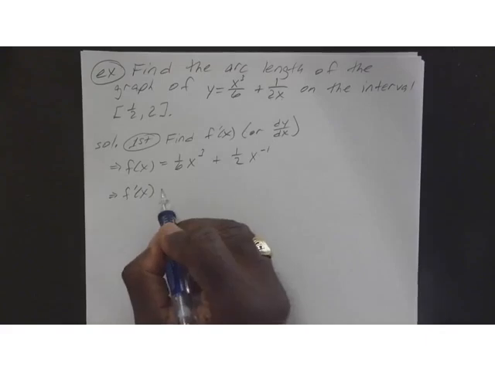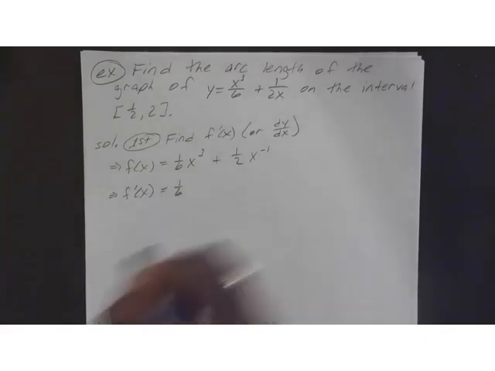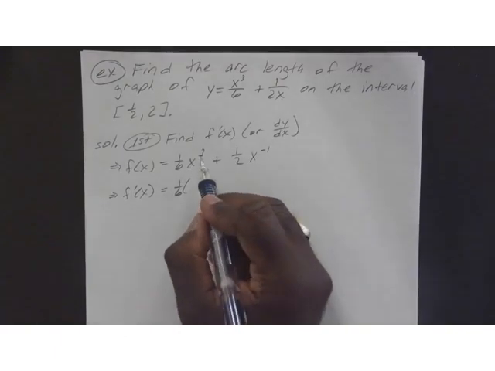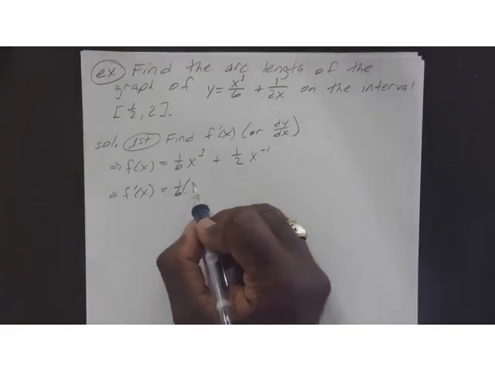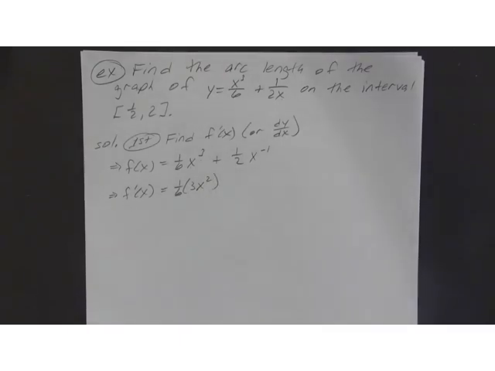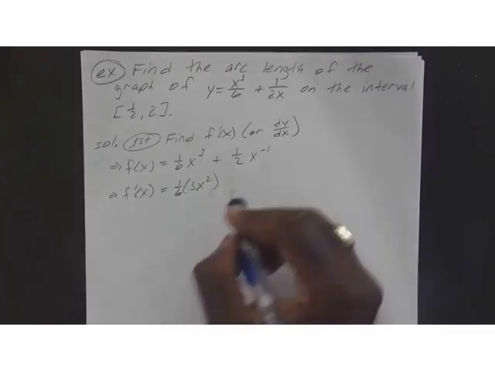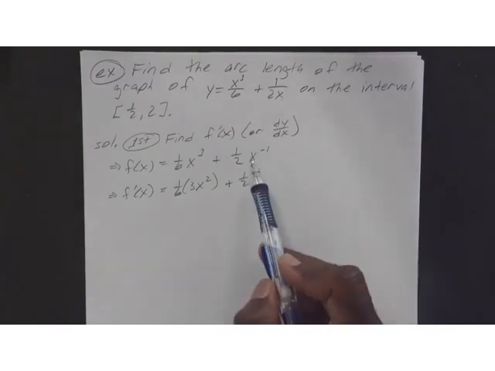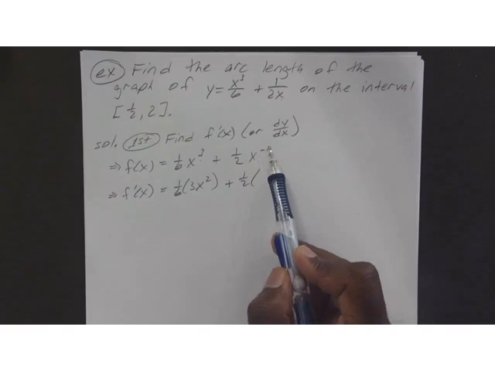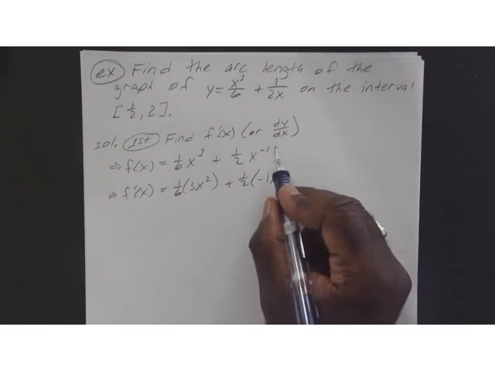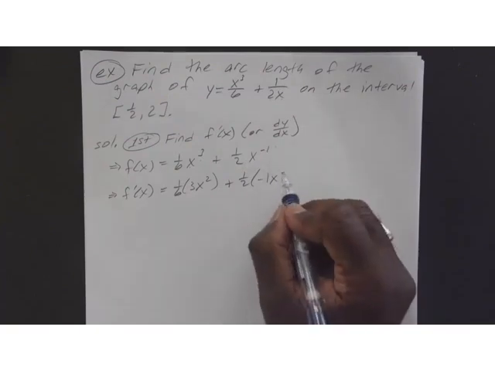Okay, so your f prime of x is equal to 1 over 6 times the derivative of x to the third power. We bring down the 3, which gives us 3x squared. Plus 1/2 times the derivative of x to the negative 1 power. We bring down the negative 1 and we subtract 1, so negative 1 minus 1 gives us negative 2.